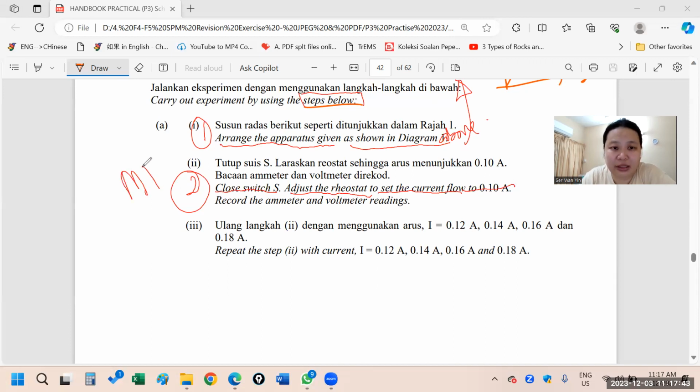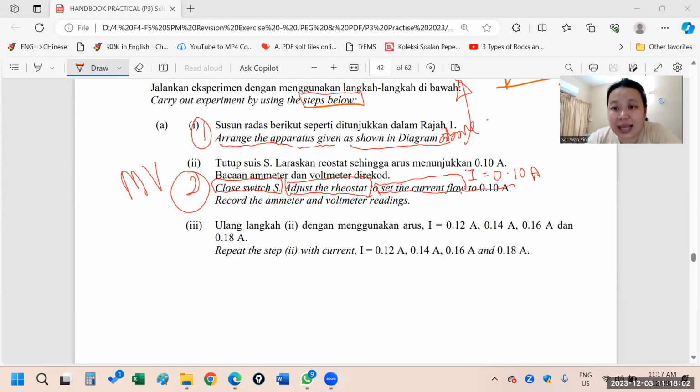This is your MV. You need to close the switch first so that the current flows. Adjust the rheostat, means you slide the rheostat, to set current I equals 0.10 ampere. Your first MV must have a reading like this, a specific number, 0.10.